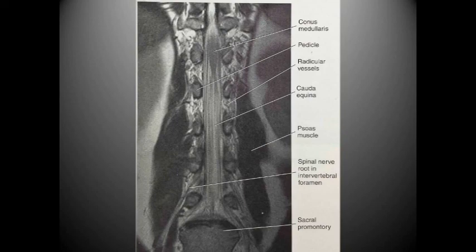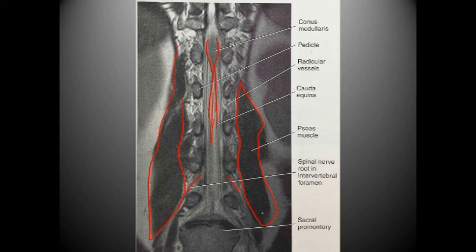So here we have the conus medullaris, and we can see how it's tapering into basically a cone-shaped structure, and then it becomes the Cauda equina, and it branches out. Additionally, we have the psoas muscle, we have a spinal nerve root and intervertebral foramen, demonstrated here.